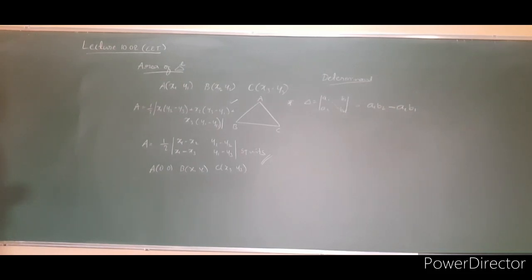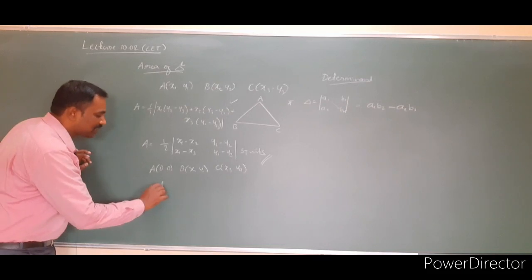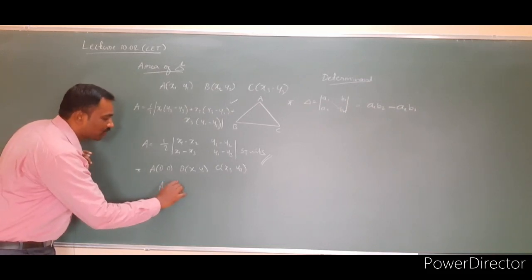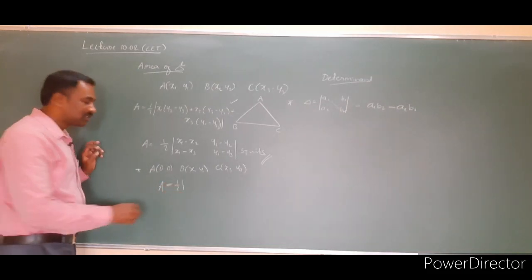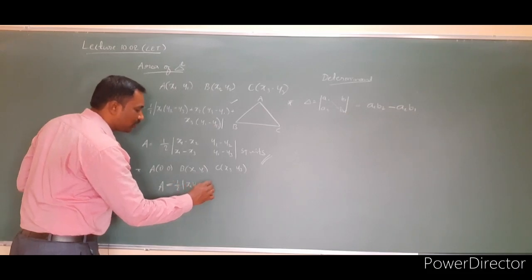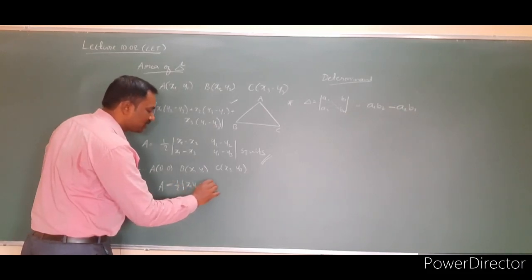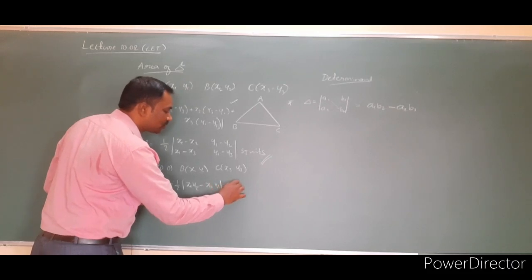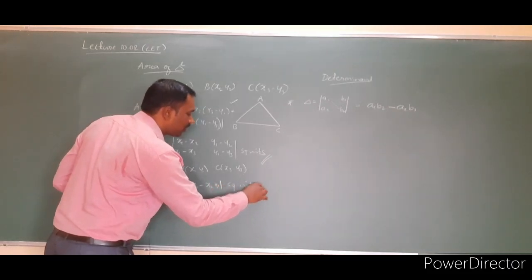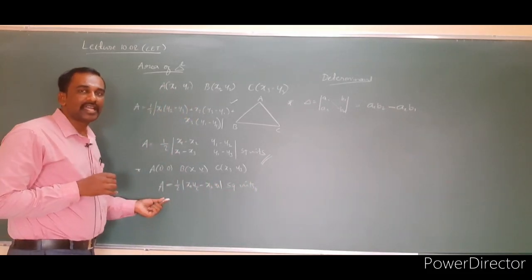One vertex of the triangle lies at the origin. Then in that case, how to find the area of the triangle? In that case, the area of the triangle is given by 1 by 2 times the modulus of x1 into y2 minus x2 into y1 square units. This is the formula to use.